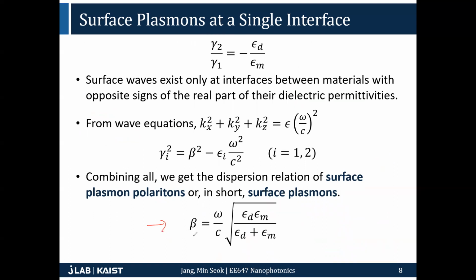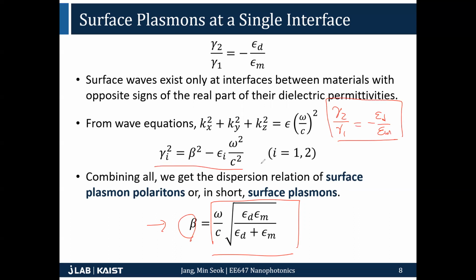Okay, so beta can be written like this. How did we get this equation? It's easy. We get this from the boundary conditions, and from the wave equations in medium 1 and medium 2, we know that gamma 1 squared is beta squared minus epsilon 1 (omega over c) squared, and likewise for gamma 2. Here epsilon 1 is the metal and epsilon 2 is the dielectric.